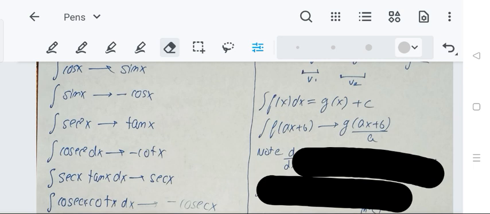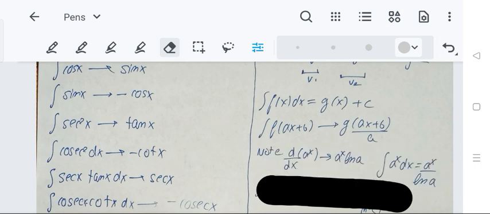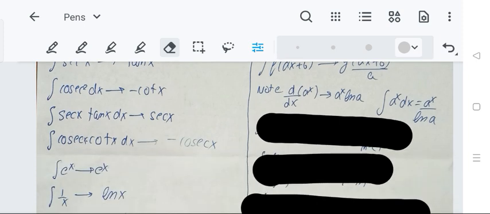That's the difference, and it will be divided by the differentiation of ax plus b, that is a. Note one more important thing: differentiation of a raised to the power x is a^x ln a, but integration of a raised to the power x dx is a^x divided by ln a. Of course, log with base e.